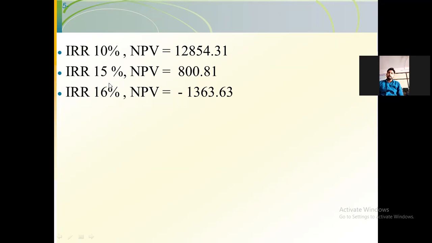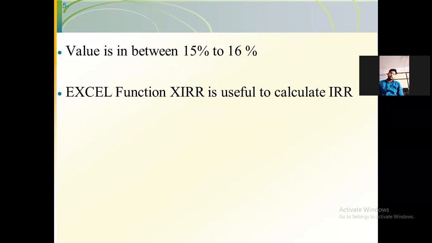So in between 15% and 16%, there is one value for which you should get the NPV equal to 0. You can take further calculations also. You can consider 15.5% and check whether you get that NPV equal to 0 or not.